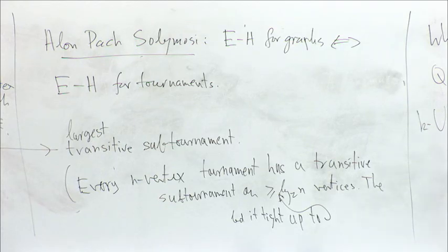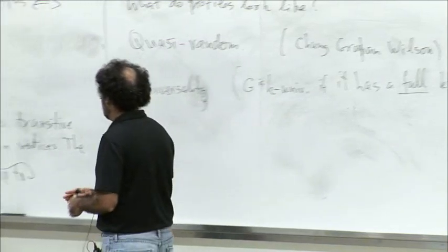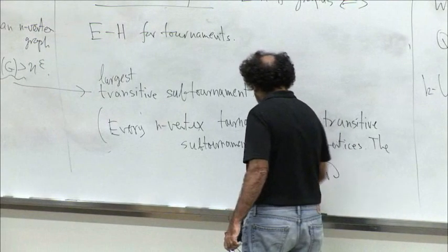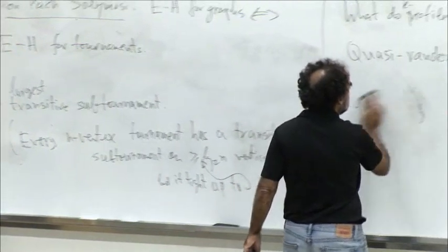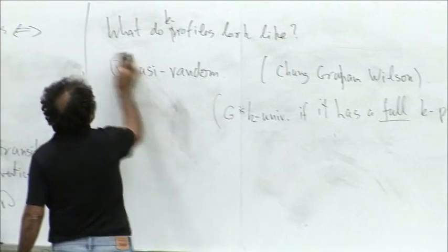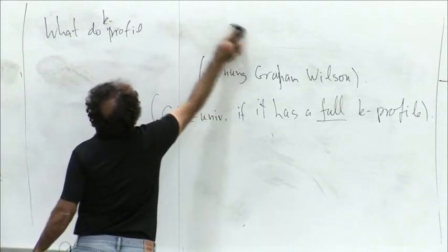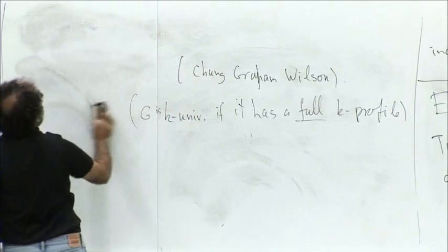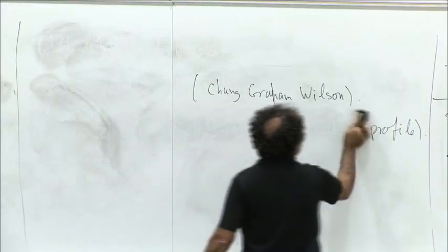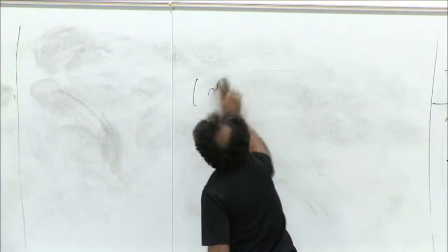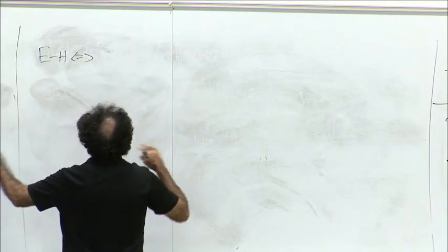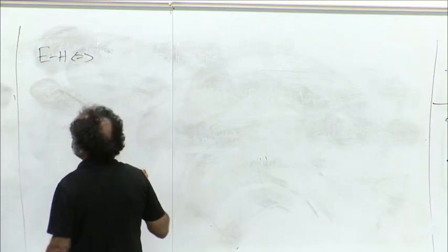And let me just, perhaps I'll finish with that. Let me tell you one small thing that we did. A different way of stating the Erdos Hajnal conjecture, that's a restatement of the conjecture, which is nothing. I'm just manipulating simple things.